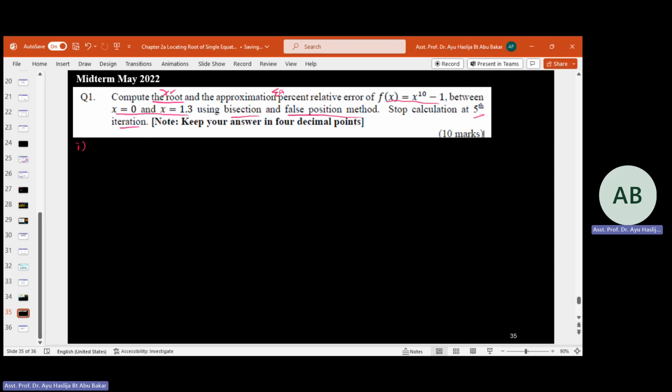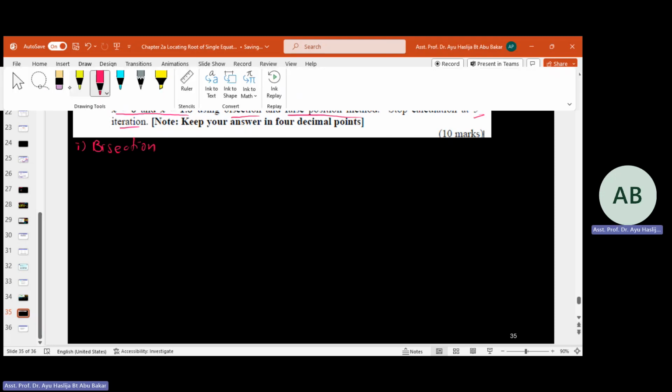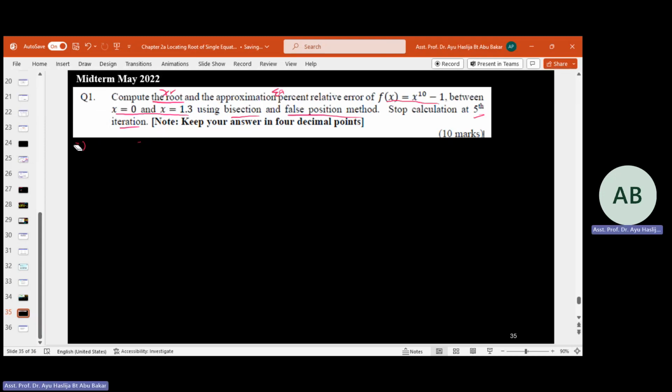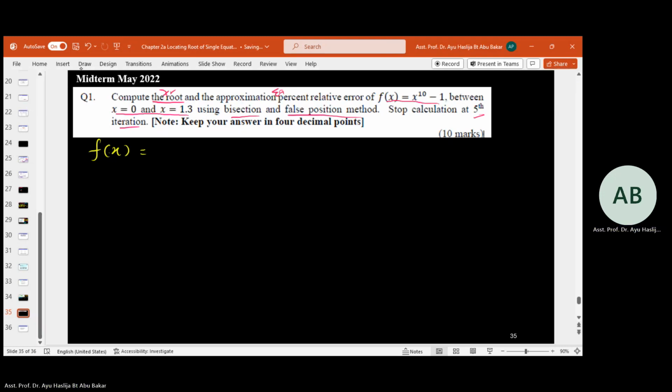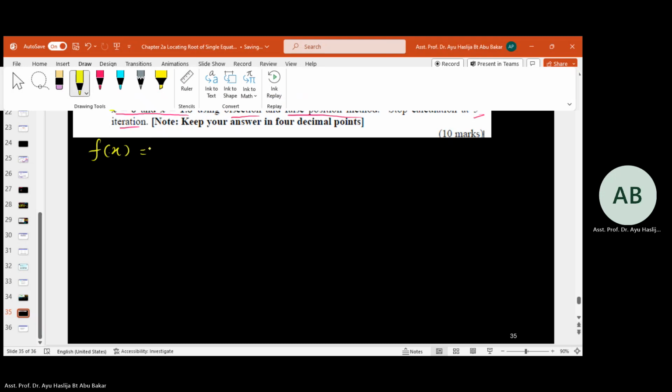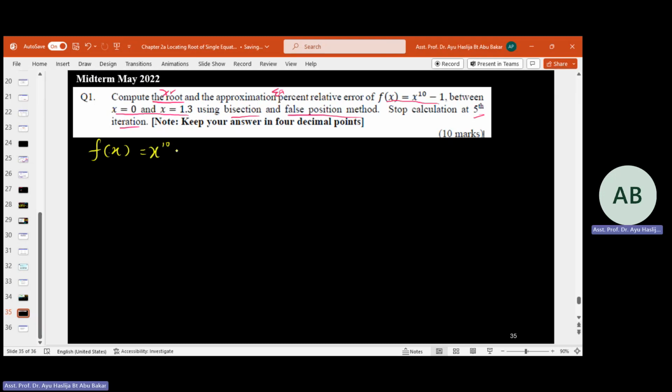Okay, number 1 is bisection. Wait, before that, we extract out the info first. Now your equation, this is the main equation that you should use: X power 10 minus 1.